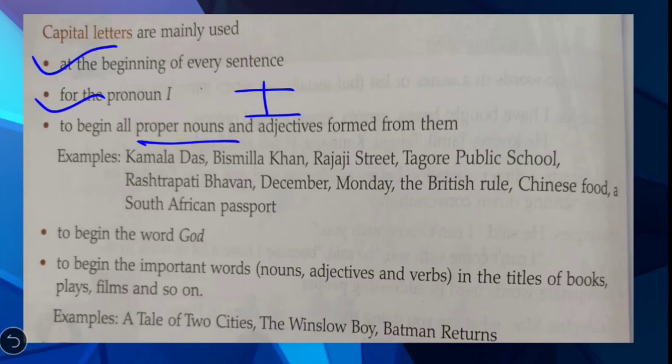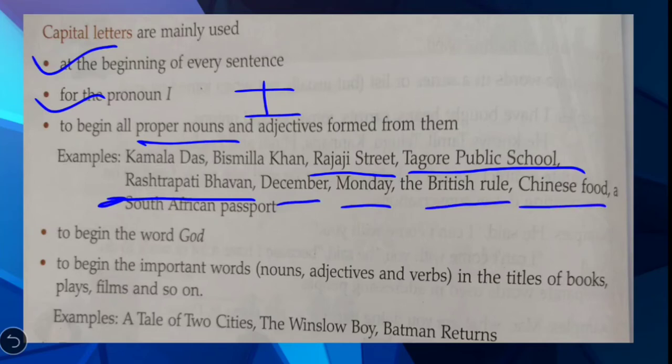Common noun means girl, so not for girl but for proper noun Kamala Das, Bismillah Khan, Rajaji Street, Tagore Public School, Rashtrapati Bhavan, December, Monday, the British rule, Chinese food, a South African passport, etc. So, for the proper noun and adjectives formed from them, we have to start with a capital letter.